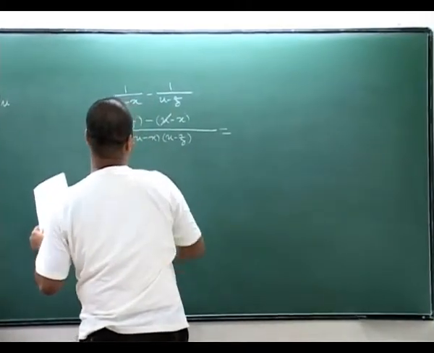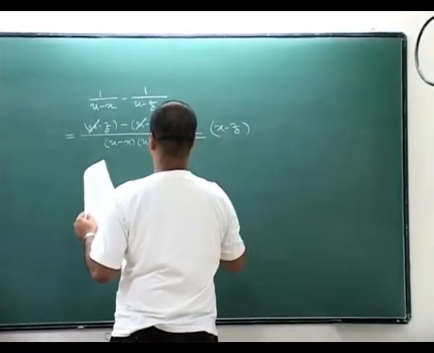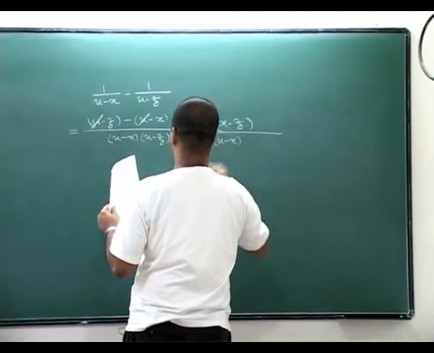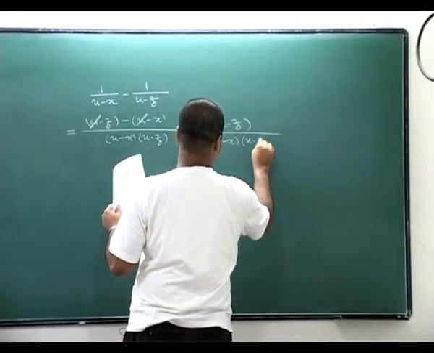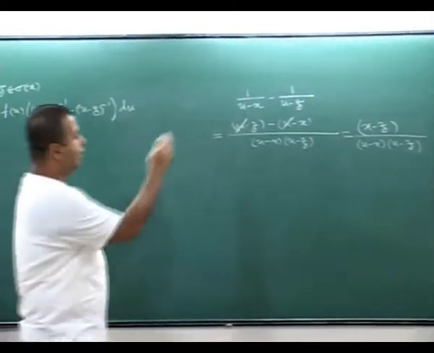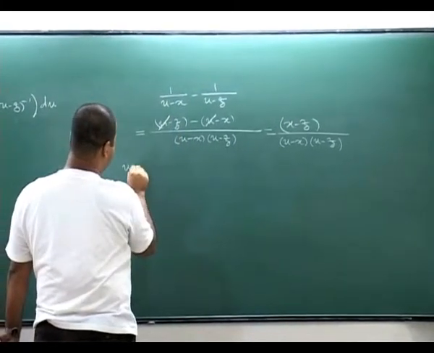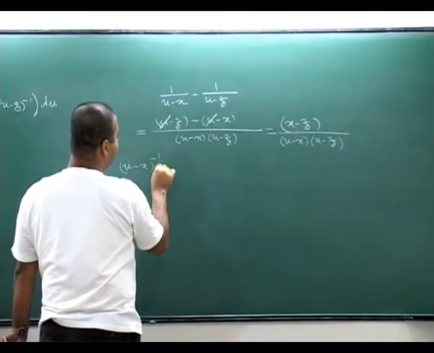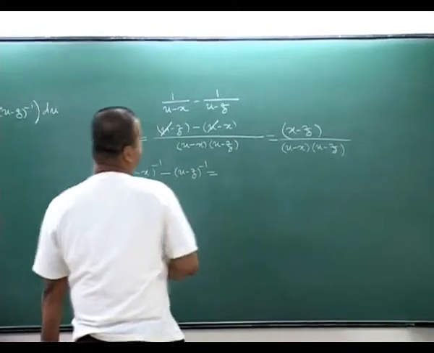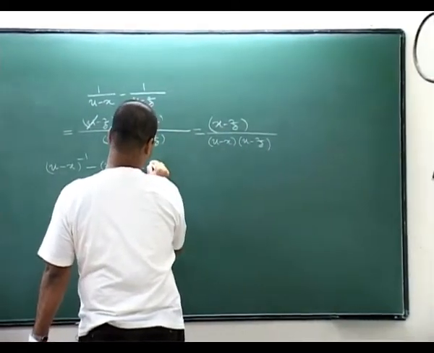These two things cancel, and therefore this is x minus z by u minus x times u minus z. So let us write it in our algebra language now, because we do not know what is 1 by u minus x, that stands for u minus x inverse. Everything is a function of x, therefore all of them will commute.